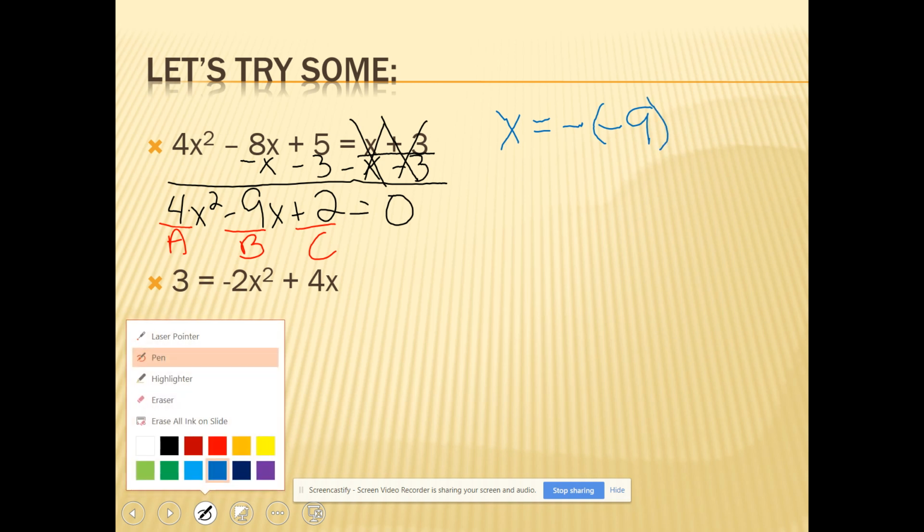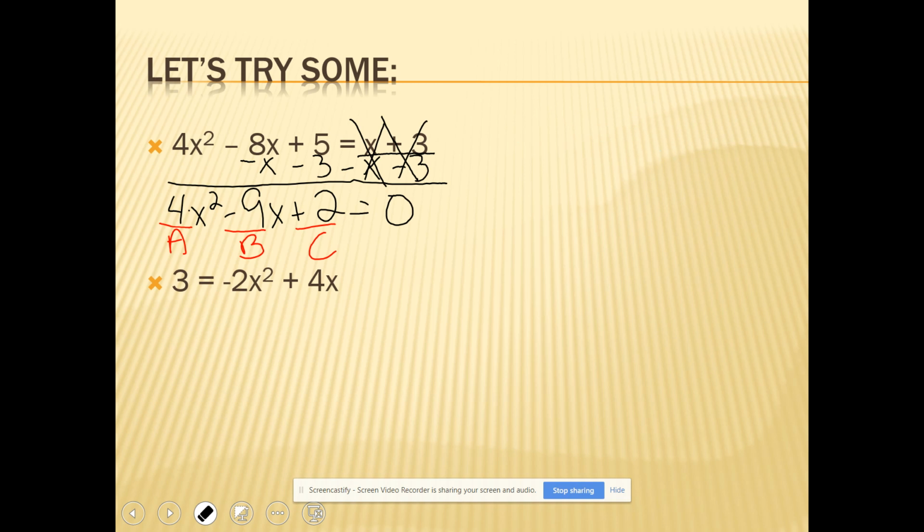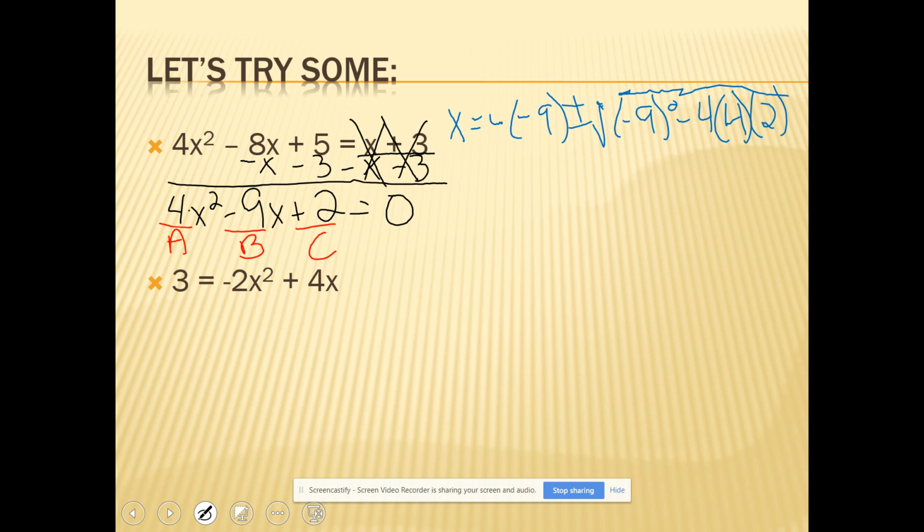Actually, I'm going to slide this over so I've got room. So x equals -b plus or minus the square root of -9 squared minus 4ac all over 2a.